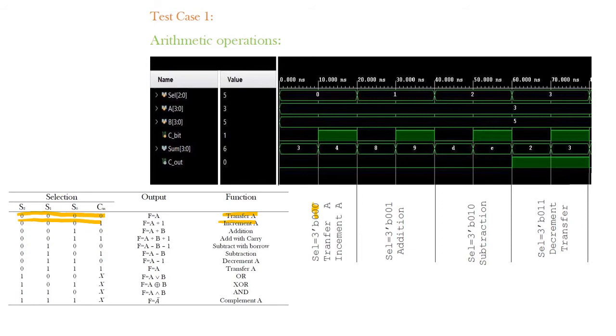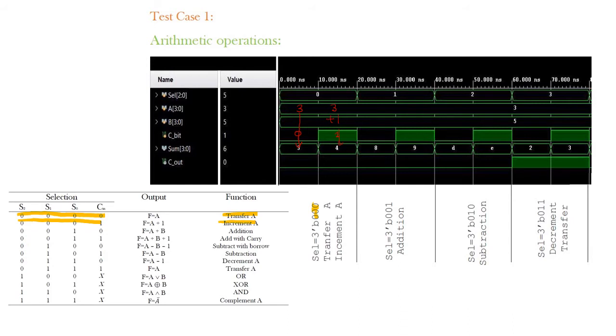Whenever our Cin bit is 0, A is transferred. A is 3 over here, and this is transferred to the output. Whenever Cin is 1, we have 3 plus 1, which is 4 as our output. As we can see in the function table, it is increment of A.